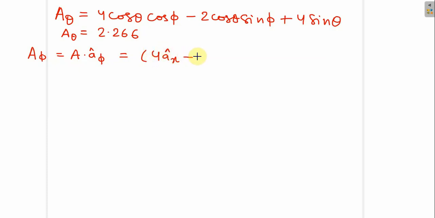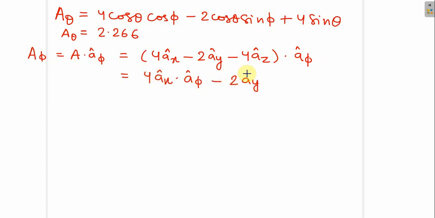So the A vector is just 4ax minus 2ay minus 4az, along the a phi direction. Okay. So again you will have 4ax dot a phi, minus 2ay dot a phi, and then minus 4az dot a phi.